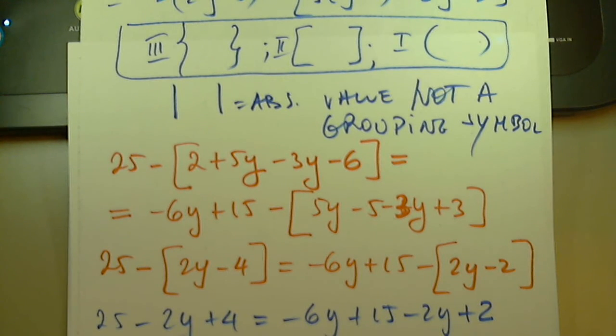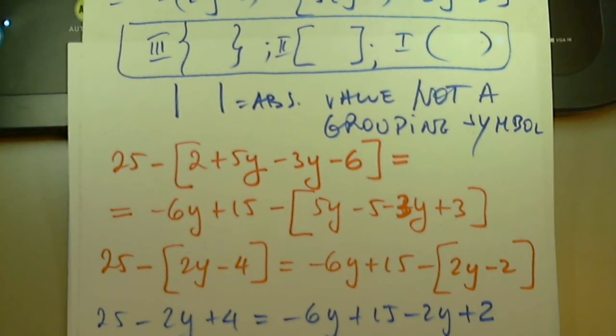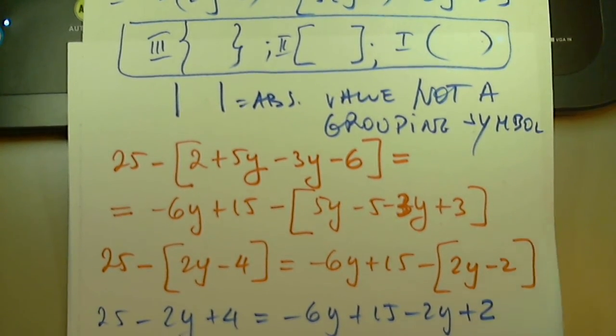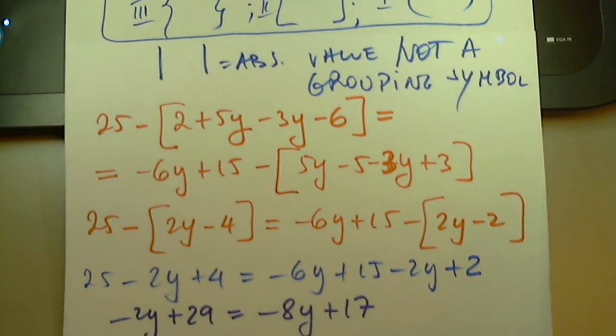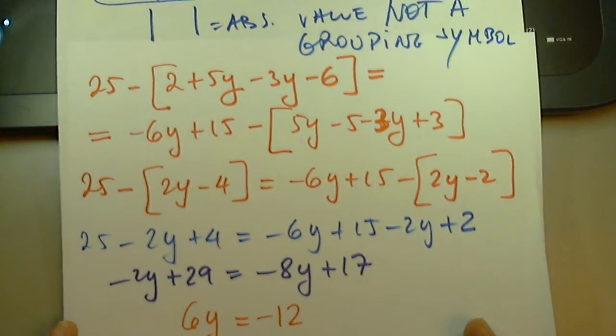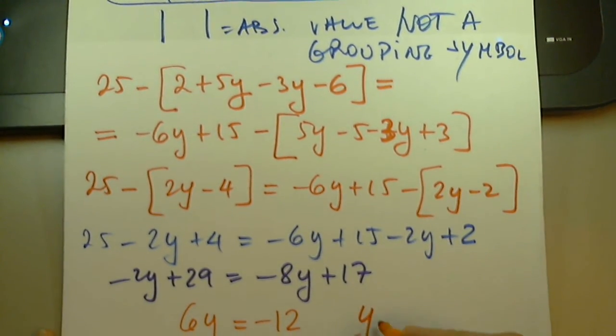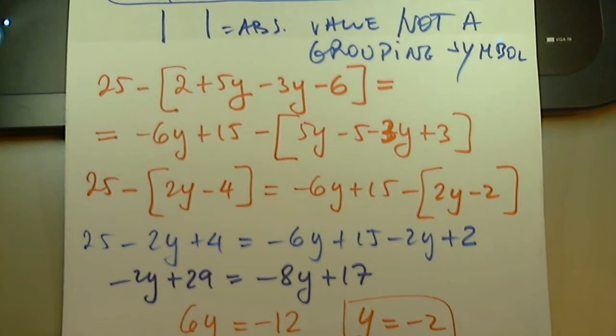I will be moving the negative 8y to the other side and becomes positive. I will be moving 29 to the other side and it will become negative. So the left-hand side will be 6y and the right-hand side will be negative 12. Do you agree with this? Everyone? So then, final answer, negative 2. Good, very good question. Anything else for me?